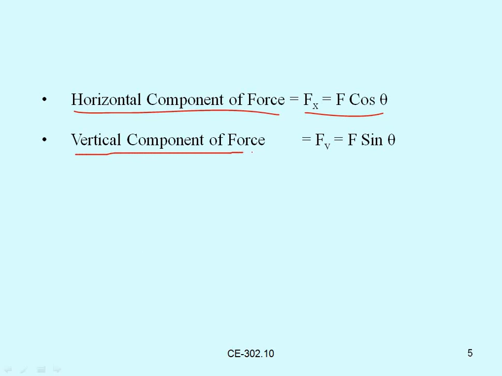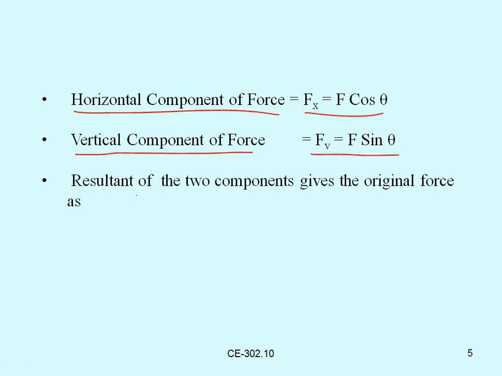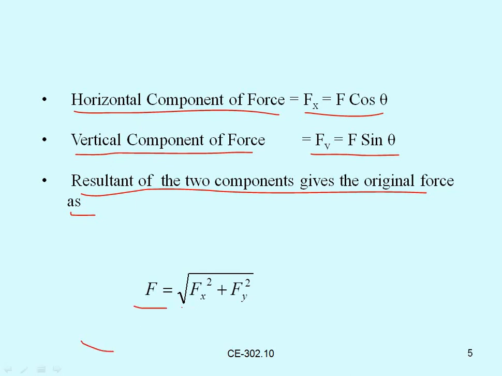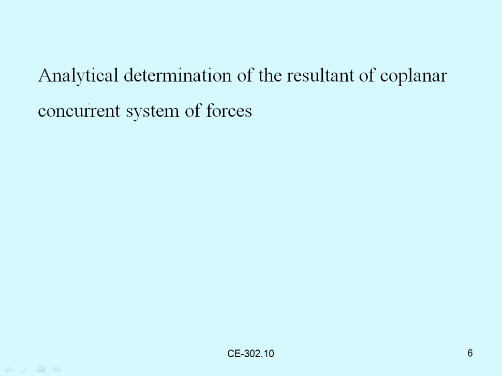Vertical component of force Fy is equal to F sin theta. The resultant of the two components gives the original force: F is equal to root of Fx square plus Fy square.